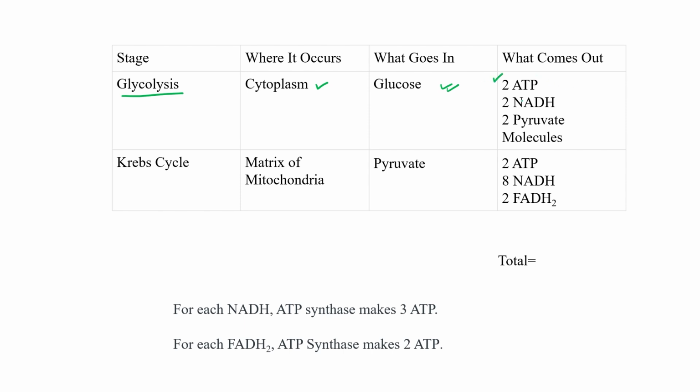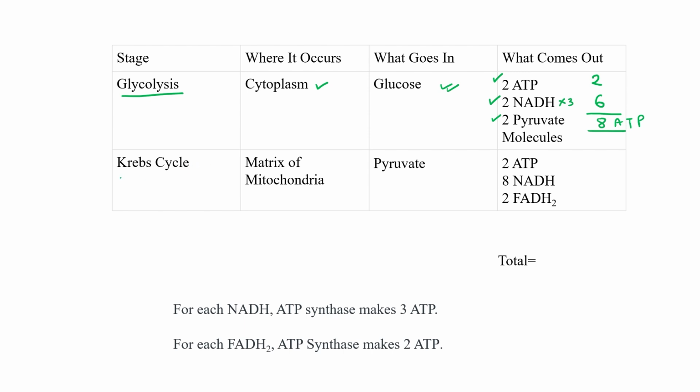Correct. 2 molecules of NADH, correct, and 2 molecules of pyruvate, correct. 2 NADH means 2 into 3, 3 molecules of ATP each, as we have just discussed. So 6, right? So total amount of ATP is 8.